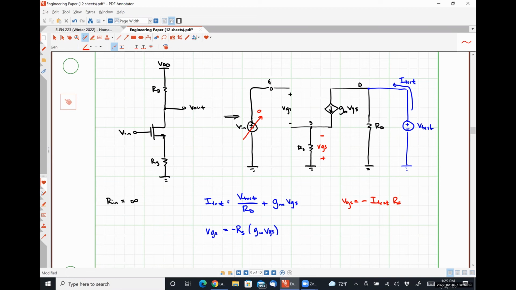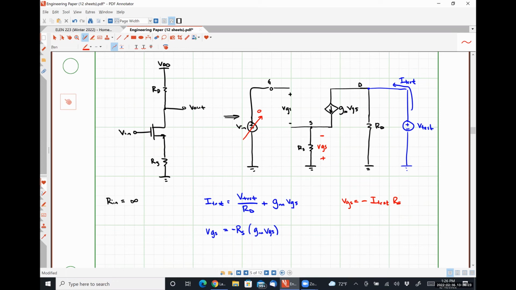My only concern there is that I'm not including the output resistance or the channel length modulation resistance of my transistor. Okay, so let's start. What we started with, I'm sorry, what was that? What we just assumed, yes.